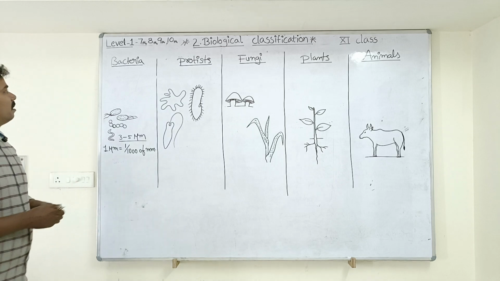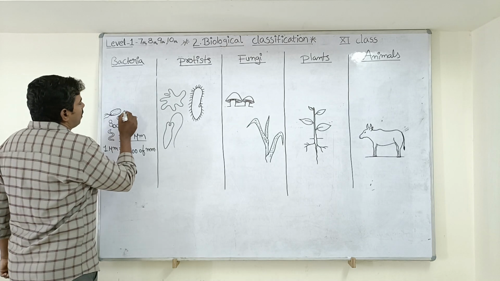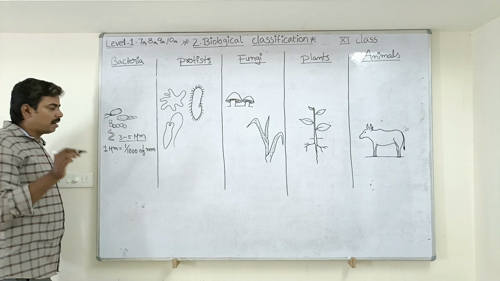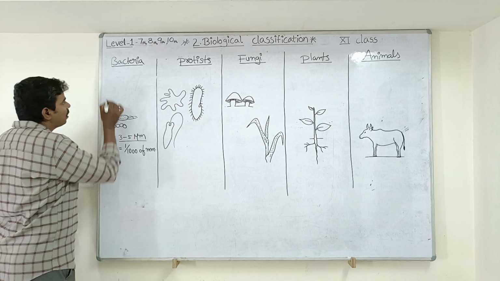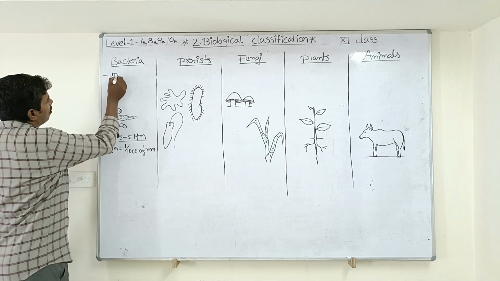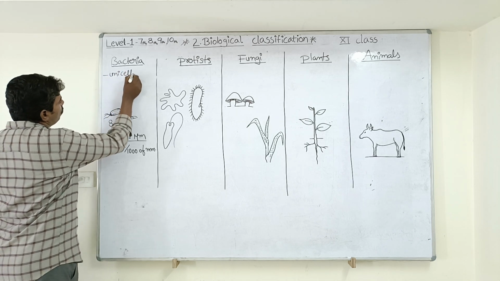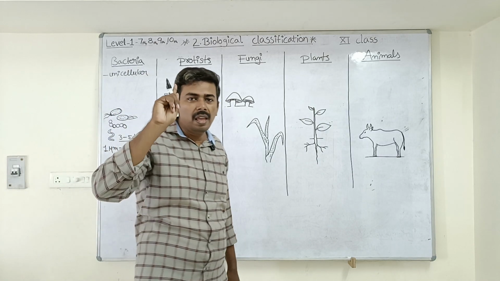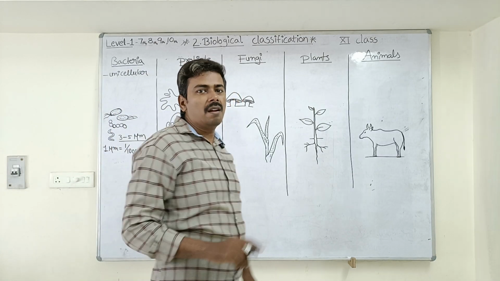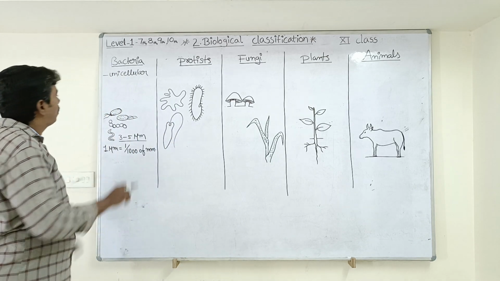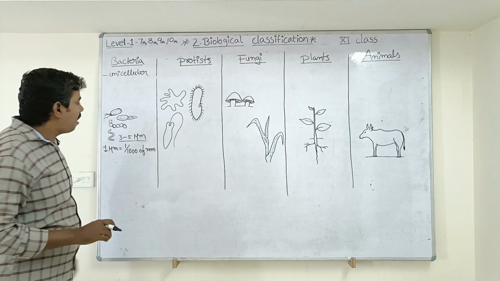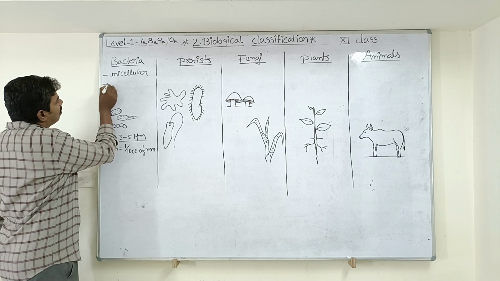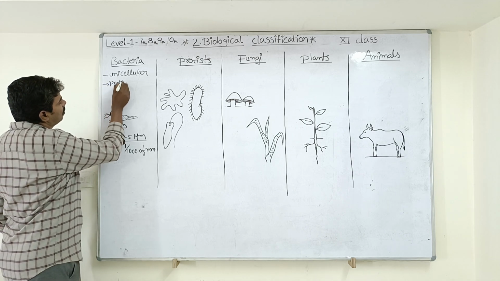Next, bacteria are made up of a single cell. Their entire body is made up of a single cell. So that's why they are unicellular organisms. That means their body is made up of only one cell, not more than one. They are the most simple type of organisms, and their cells are called prokaryotic cells.